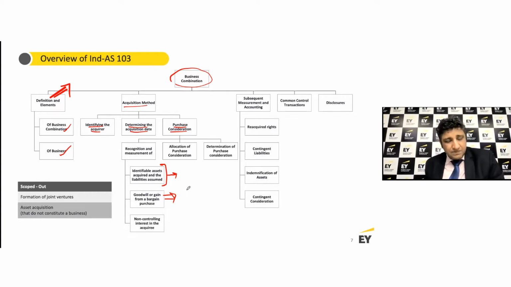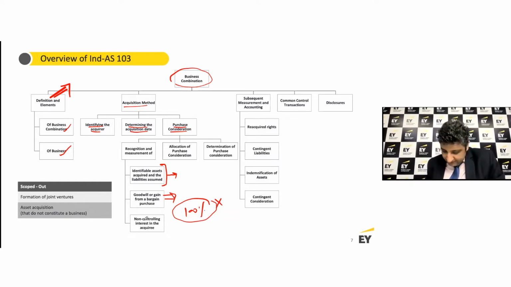Also, business combination tries to address that to acquire a business, to have a business combination, it is not mandatory that you acquire a 100% stake in that other company. Okay, a business combination can very well be achieved with less than a 100% stake in the other business, right?